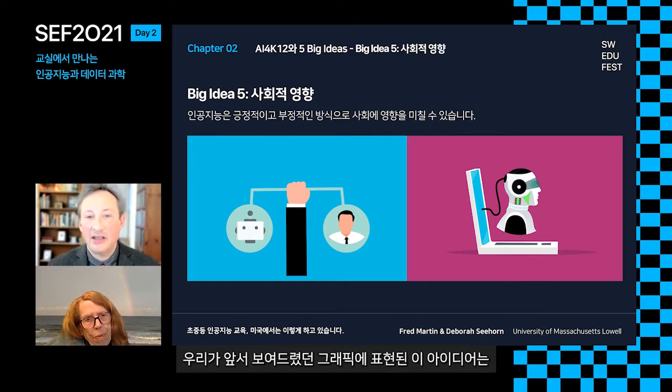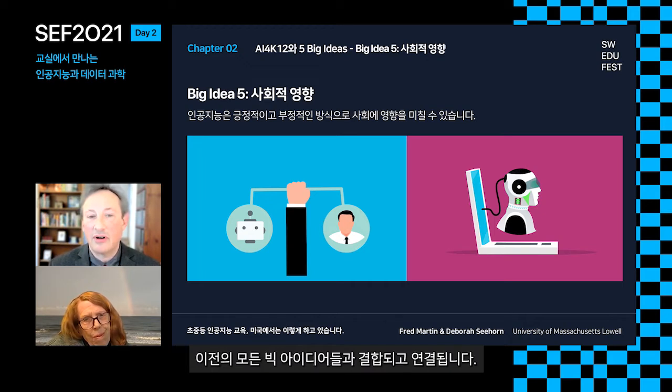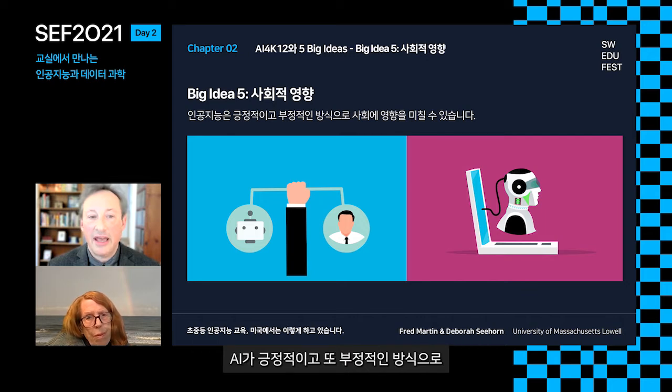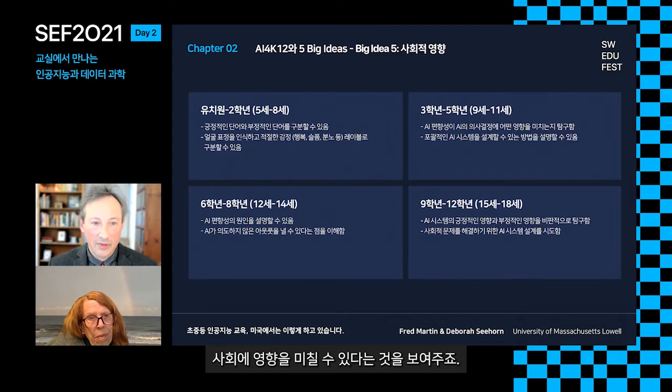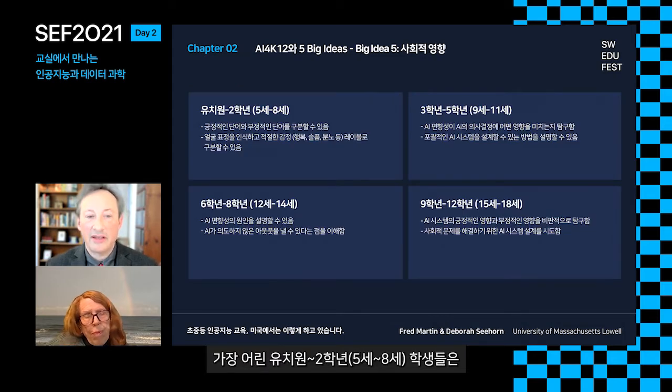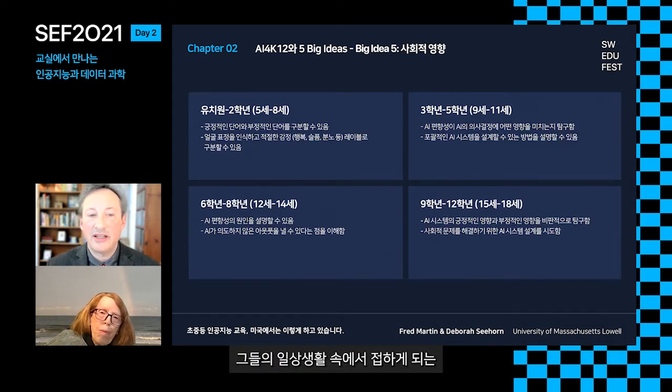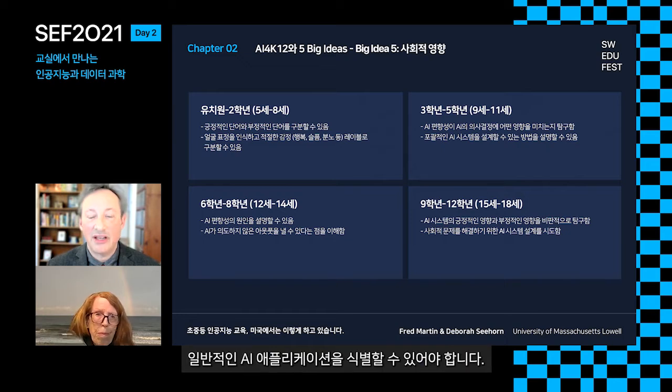And this idea, in the graphic that we showed earlier, connects with all of the prior big ideas. And the idea is that AI can impact society in both positive and negative ways. So in the youngest grade band, students should be able to identify common AI applications they encounter in their daily lives.